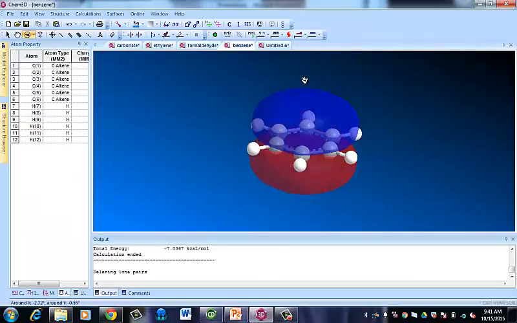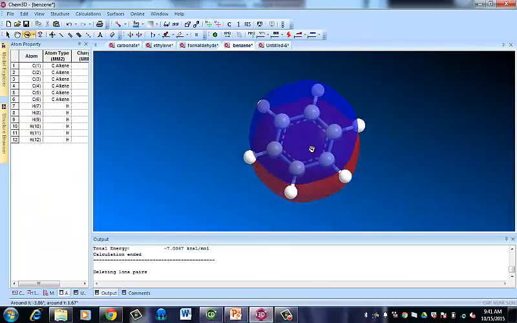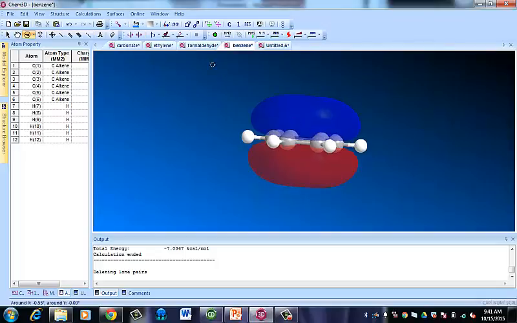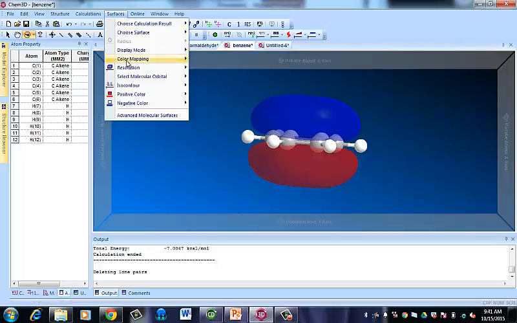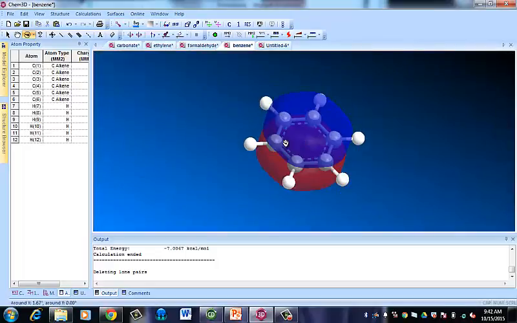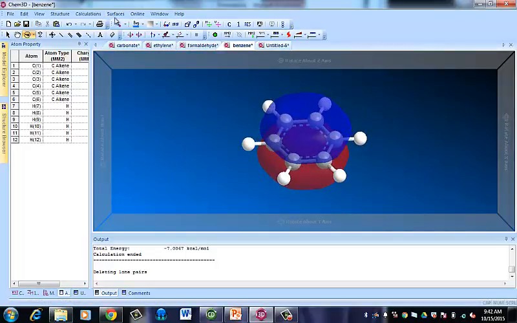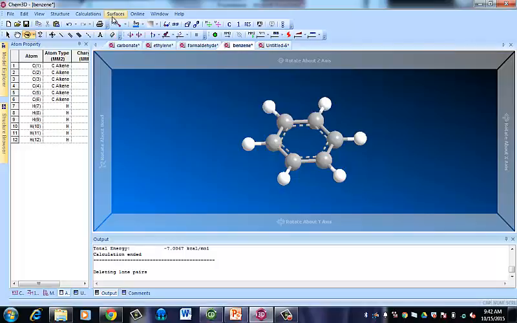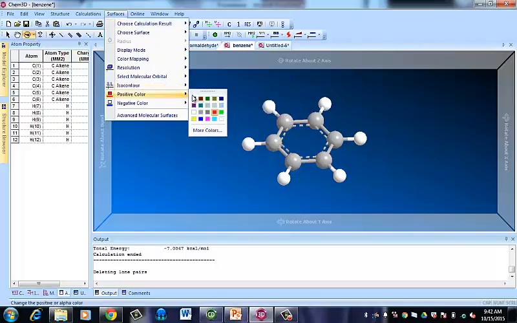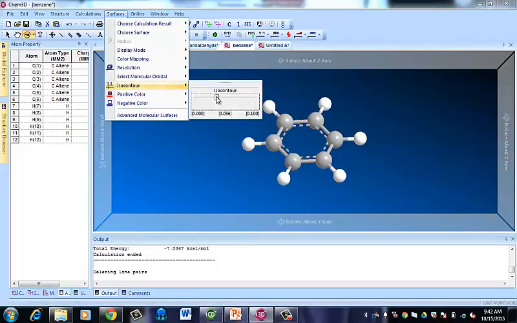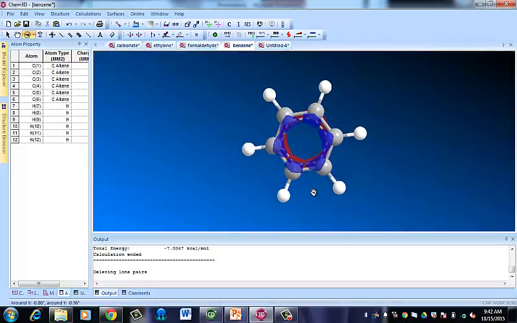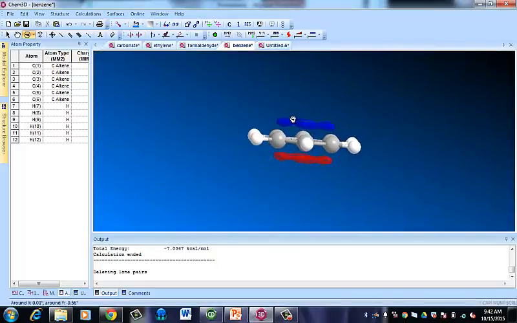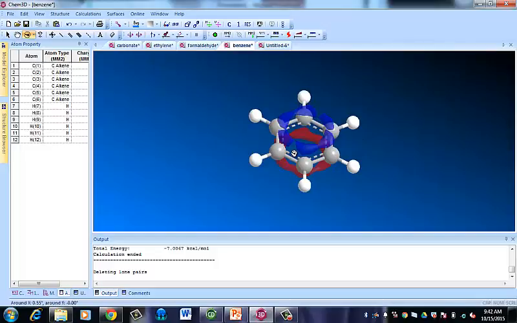And so what that looks like is really a big hamburger bun over all of them. Shrink it down and make it look more like a donut. It's really around all 6 carbon atoms.